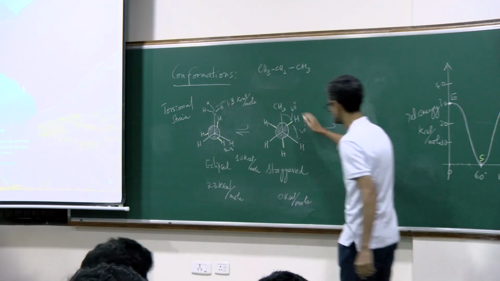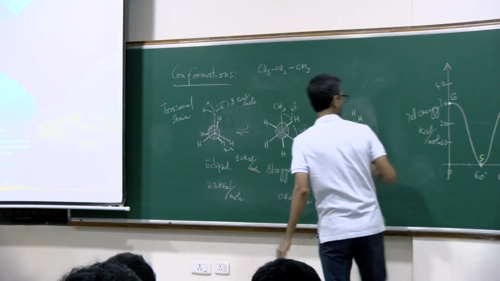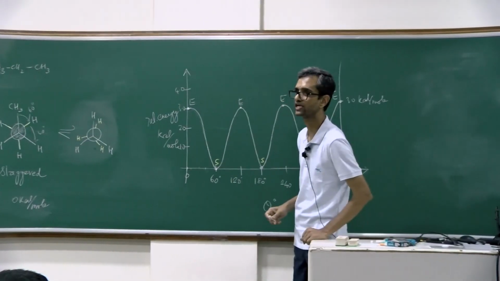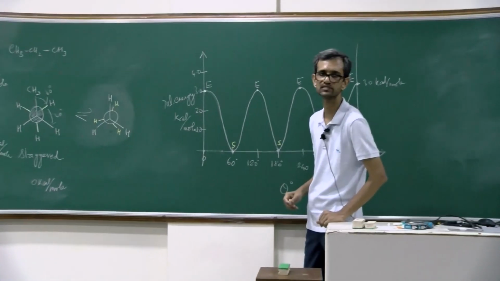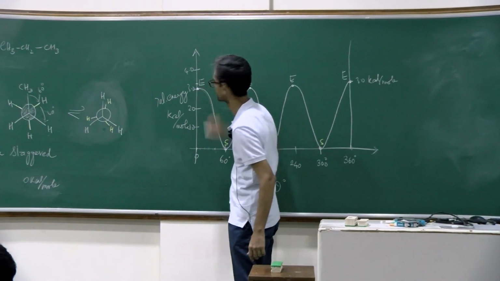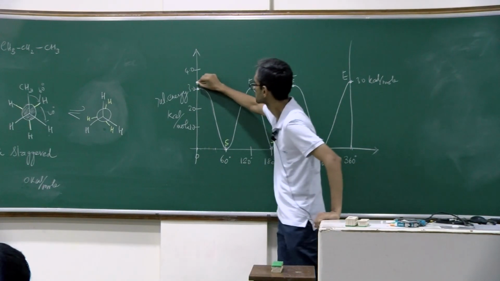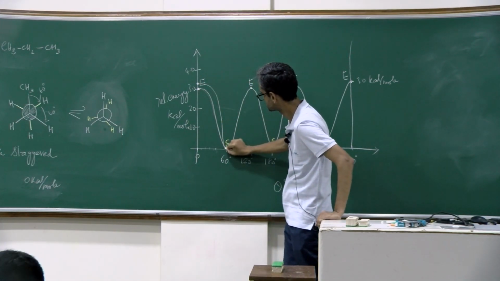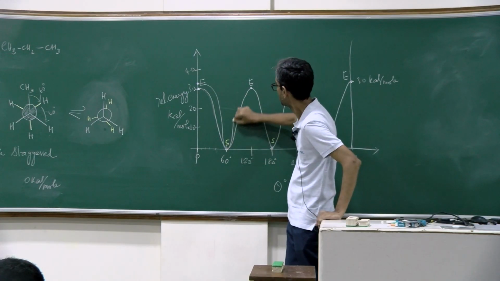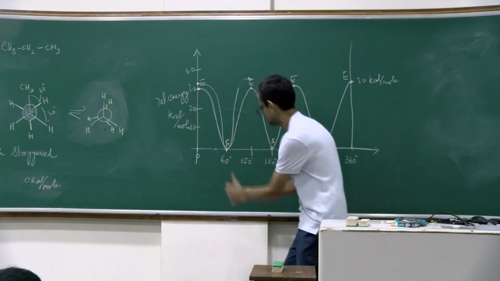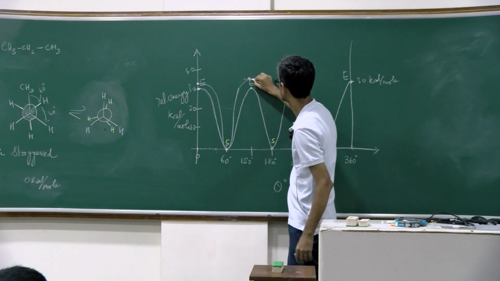So now how will this curve change? Every rotation with respect to 60 degrees. Let's say 3.3 is here, right? So you start from here, again touch 0, go up to 3.3. It's not very perfect.